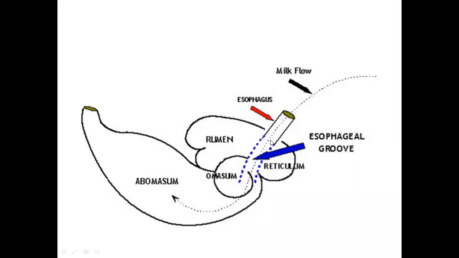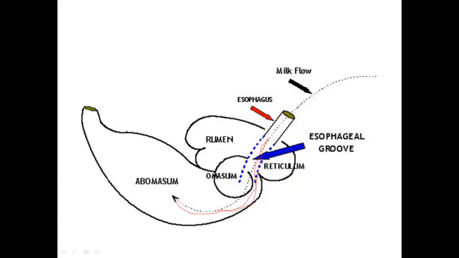Other than going to the rumen, the milk is being flown down in this direction, like this. Okay, so there is a mistake in the picture and I couldn't edit it. It is somewhat like this, directly to the abomasum.